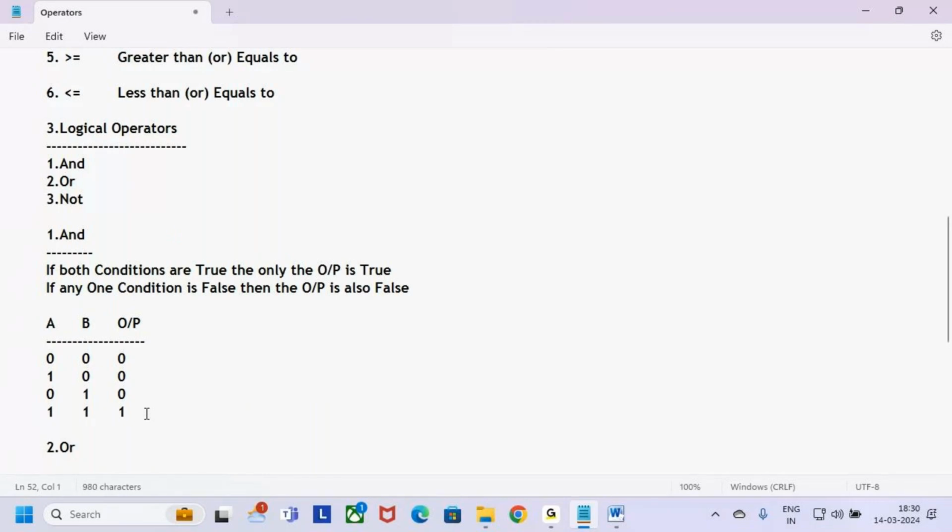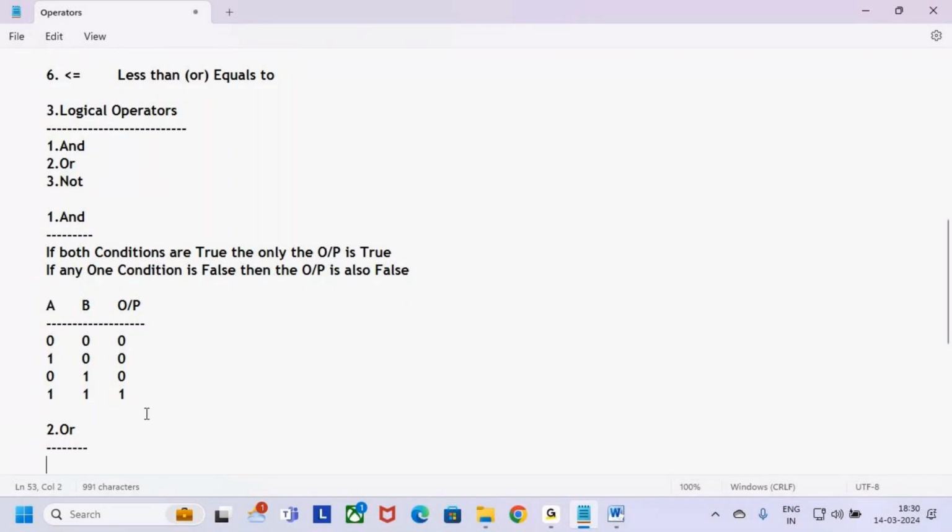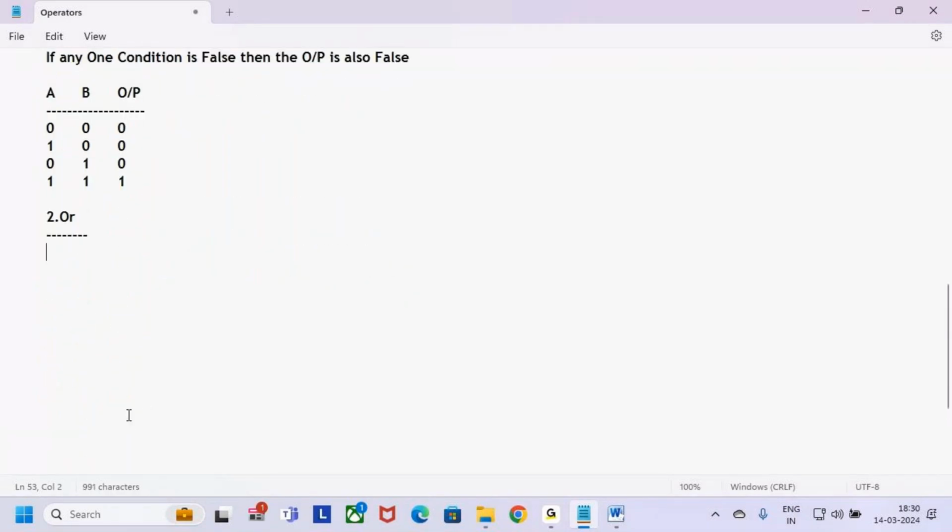In the OR logical operator, when the output is true means if any one of the conditions is true, then the output is also true. So in the OR operator, when the output is true, if any one condition is true, then we'll get the output as true.